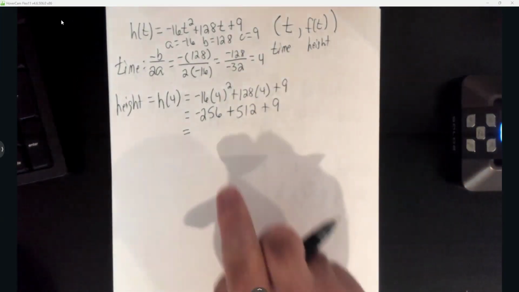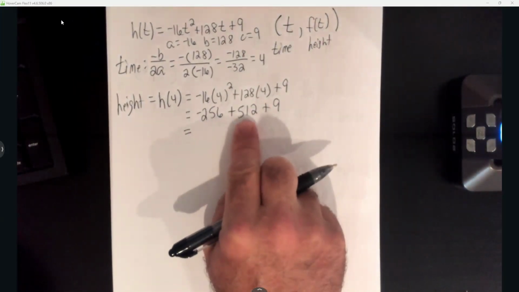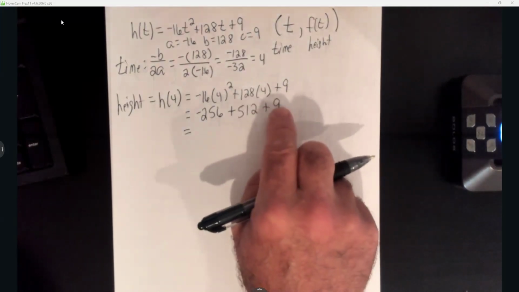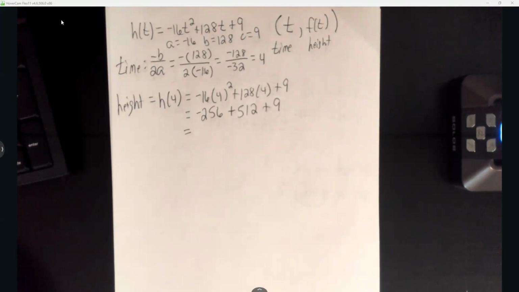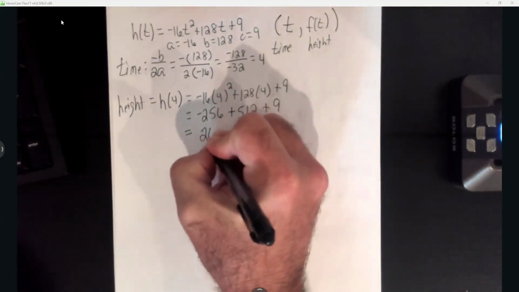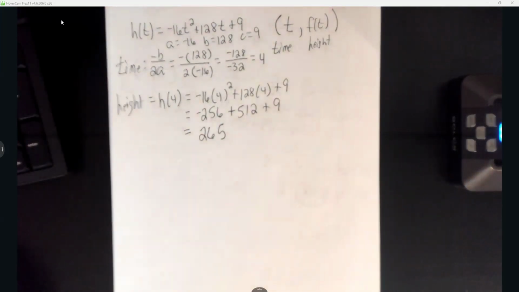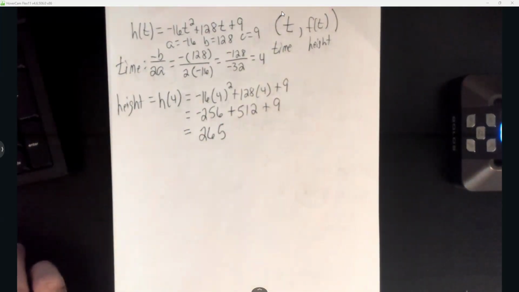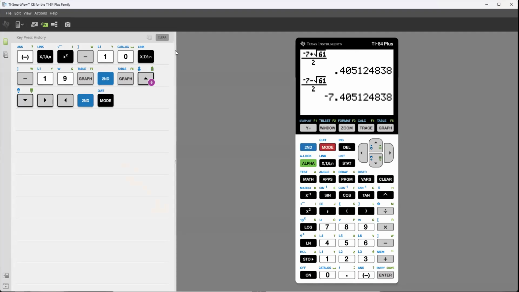All right, y'all, so let's see. Negative 256 plus 512 is 256, plus 9. So 256 plus 9 gives you 265. But y'all remember, y'all got the calculator, so y'all could have went to that calculator with that graph and stuff.